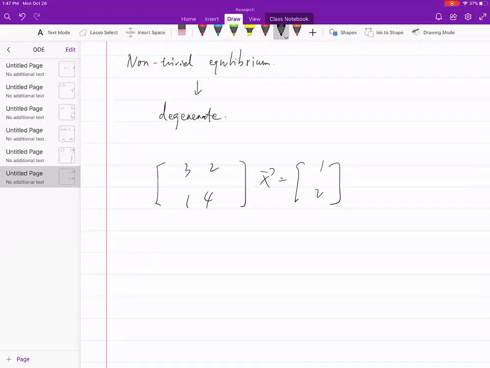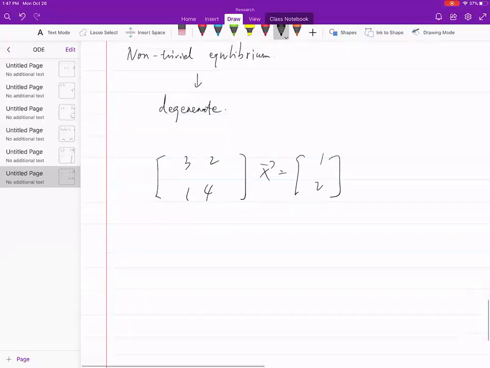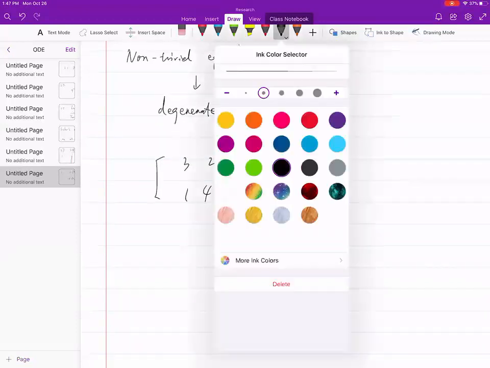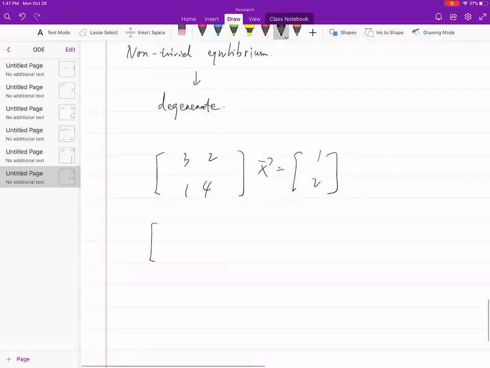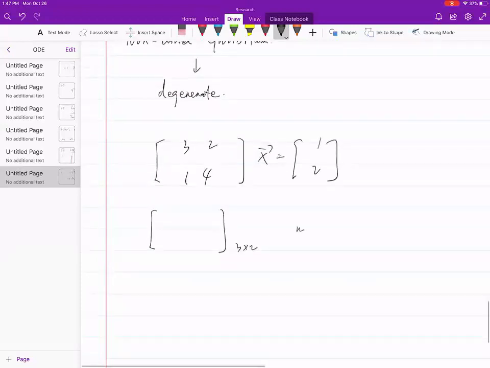Judging by the look of it, I'm assuming there are 2 variables, there are 2 equations. So if you have m by n 3 by 2, in general, it's not solvable because you have more equations than variables.